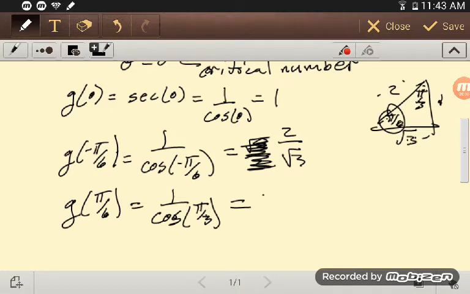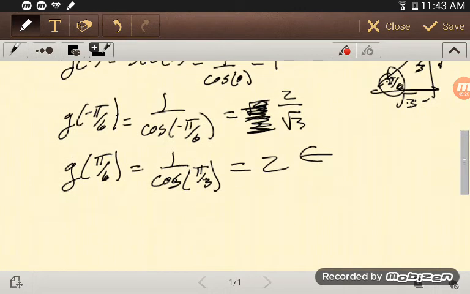So we'll get it right this time, and our secant would be 2. And so as we look at this, that is definitely the biggest, and then 2 divided by the square root of 3, well, that's 2 divided by about 1.7. And so actually that looks to be the smallest.